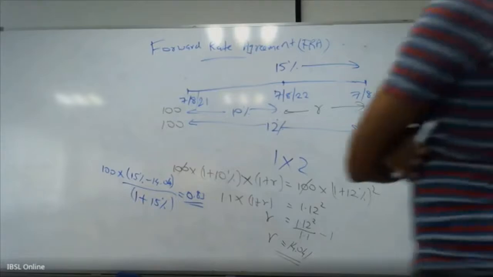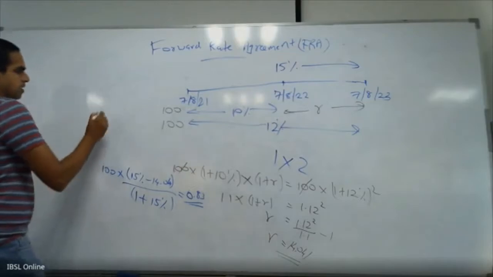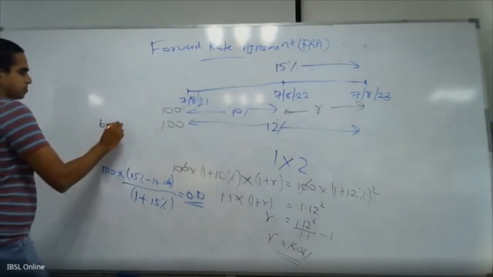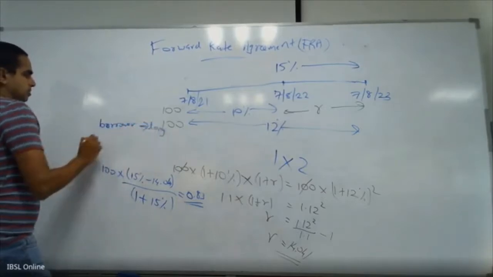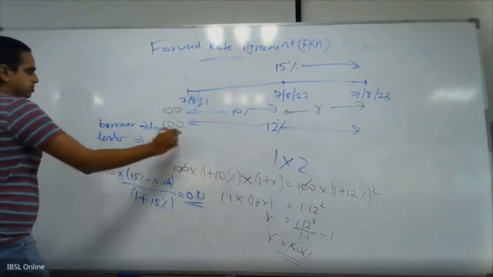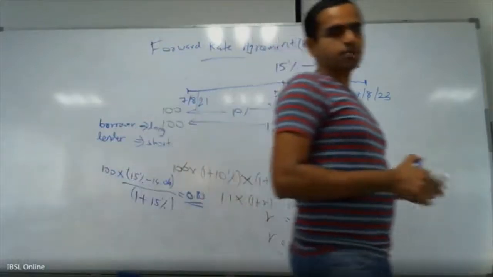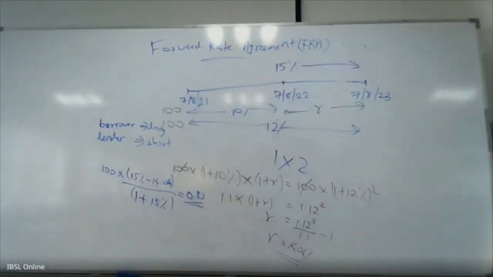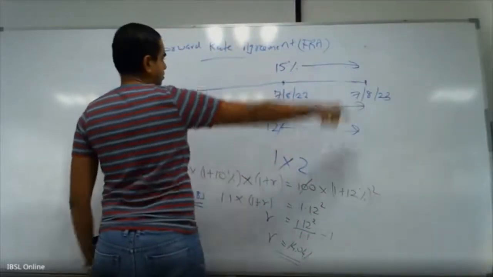Right. Now in this case, this customer is the borrower. Okay. So in FRAs, the borrower is the person who is using the rate, he is long. And the lender is the one who is quoting the rate, he is short. Okay, so like options, you have long and short. Borrower is long and the lender is short. Any questions on this? And in this case, it starts 1 year from today and it continues 2 years down the line.